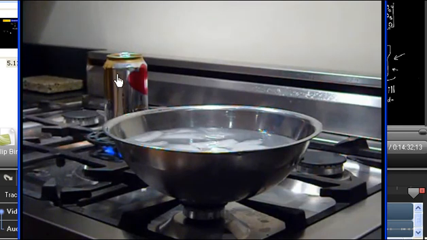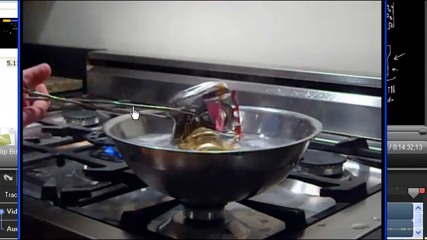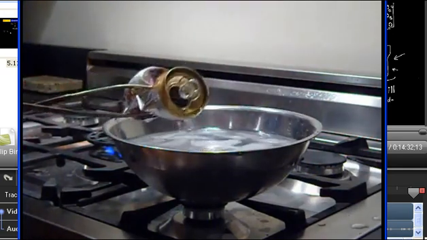So temperature of this can is increasing and pressure of this can is also increasing. Now a time will come when it will have very high pressure, and suddenly if I put this can into this ice bath, temperature will decrease suddenly. So pressure will also decrease suddenly. So air from the outside will try to rush in and the can will blast. So let us see what happens. If I put this here, the can gets blasted.